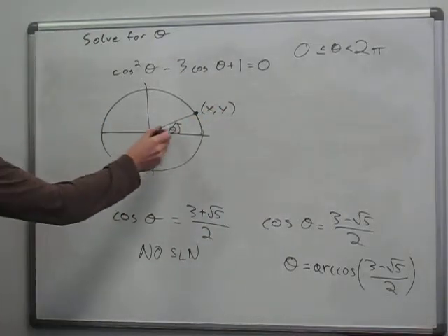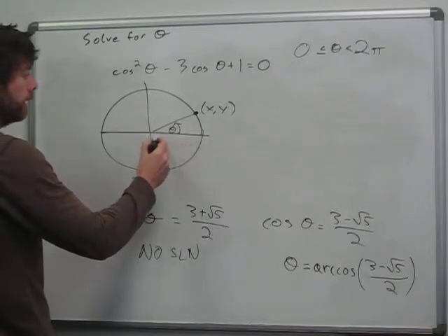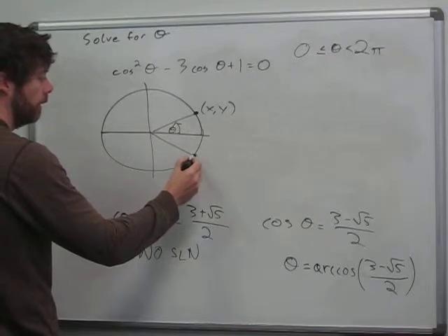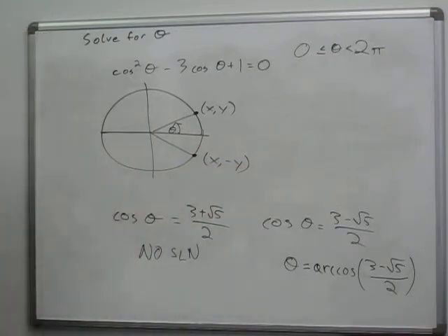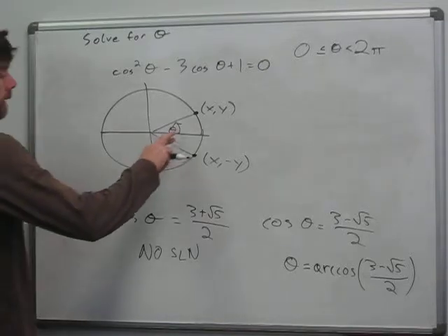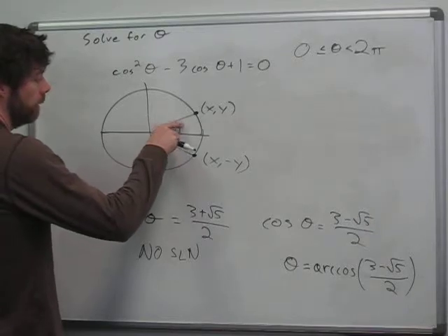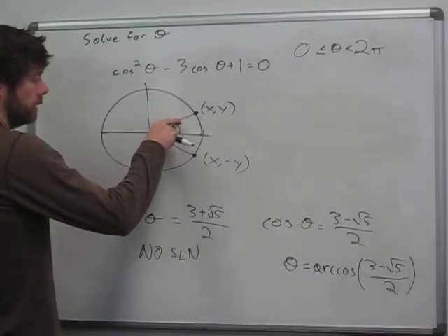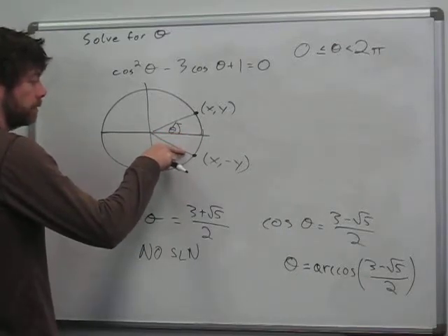As I continue up to 2 pi, I'm going to come across that same cosine value in quadrant 4 at the point x, negative y. And the angle from 0 up to this point is the same as the angle from the x-axis down to this point.